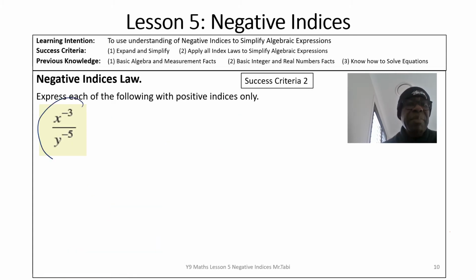Right, be very careful and be patient with that. Now, keep in mind a to the power minus m is equal to 1 over a to the power of m.